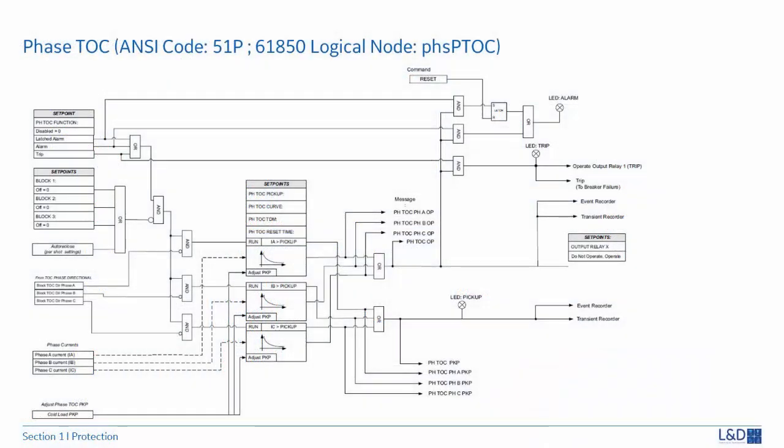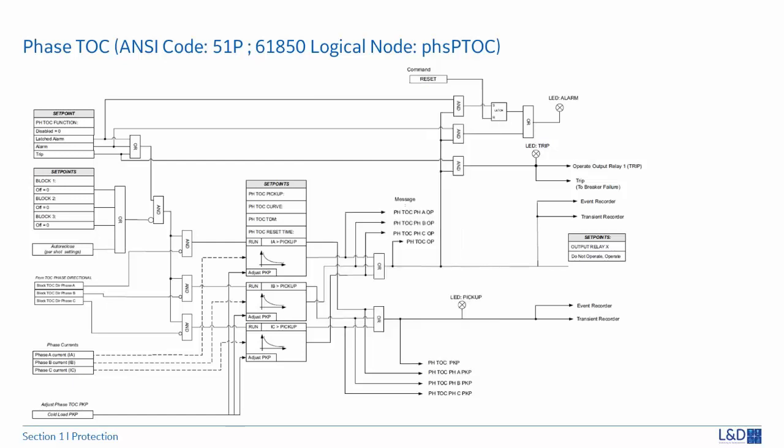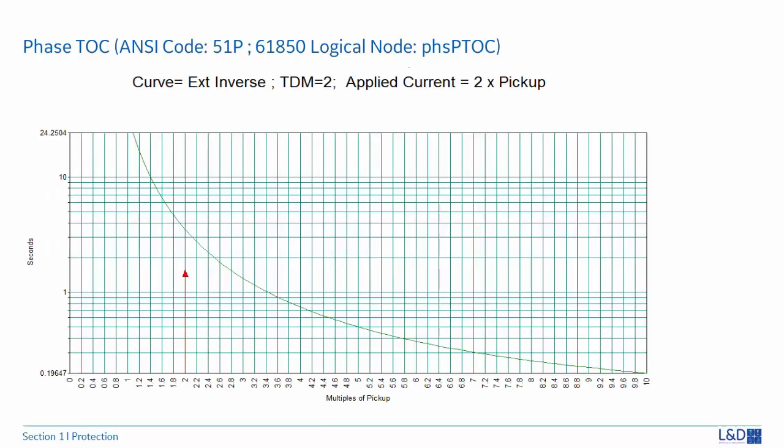Now let's look at the logic diagram of phase TOC. It's almost identical with phase IOC, except the time delay is a calculated value. In our example, when curve is set to extremely inverse, 2 times of pickup current is applied. The trip time will be 3.5 seconds.